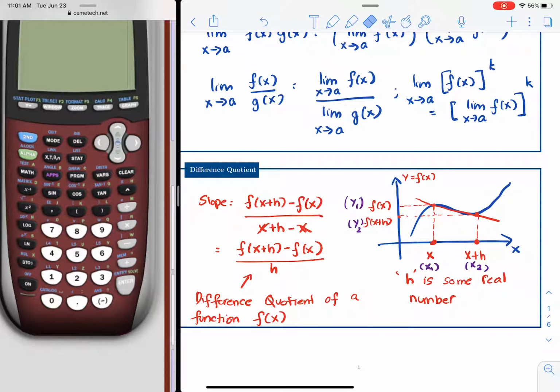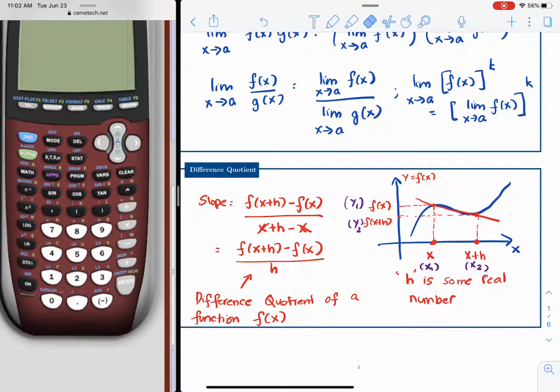It is the same concept where we narrowed the slope of the secant line to a single point: we move the value of h closer and closer to 0, which would bring the point x2 closer to x1, reducing the slope of the secant line to the slope of the tangent line.